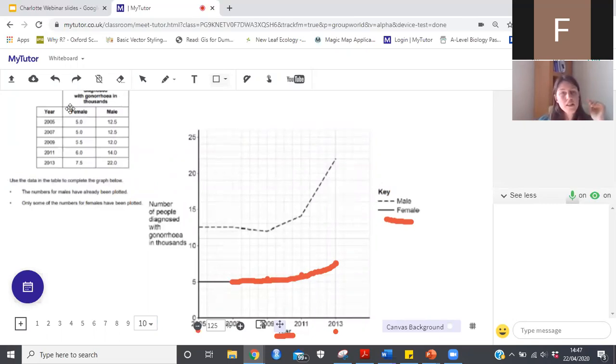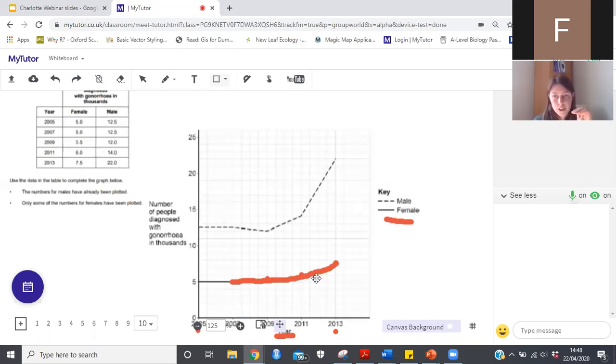But if we look at the data that we have in the graph, we've got an exact number for each of our points on our x-axis. We don't have any data for the years in between. So for example, we don't have any data for 2012. We don't know how many people had gonorrhea at that time.